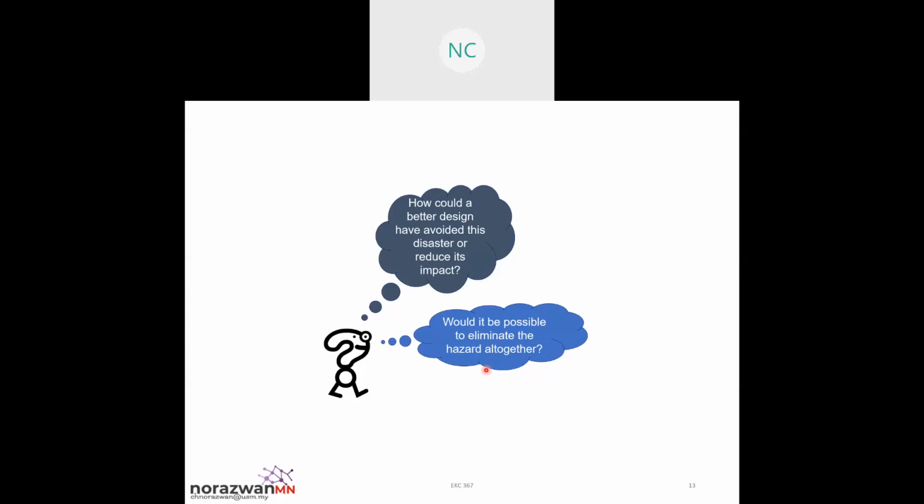But it is possible to eliminate all the hazards after you include inherent, passive and active procedures together. So the answer is yes and no. It depends on your chemical, your process, your plant design, and what methods you apply.